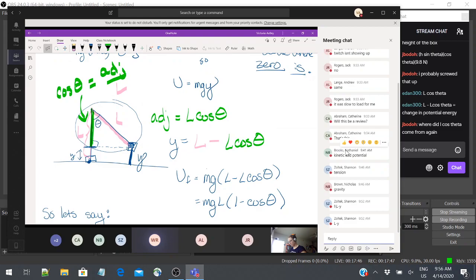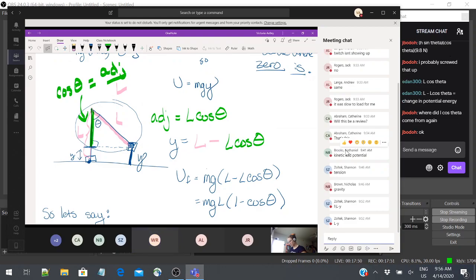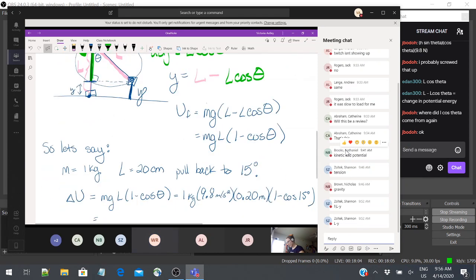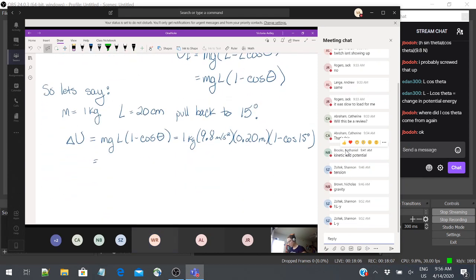9.8 times 0.2 times, that's not what I should have done. I should have done cosine 15, negative plus 1. Okay, so it's only gone about 3 centimeters up. It's not very big. Times 0.2, actually not even. It's gone 0.6 centimeters up.